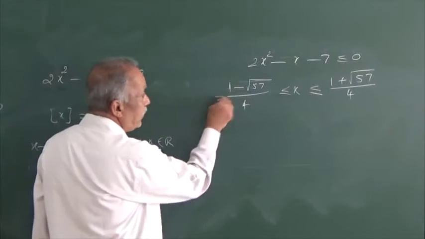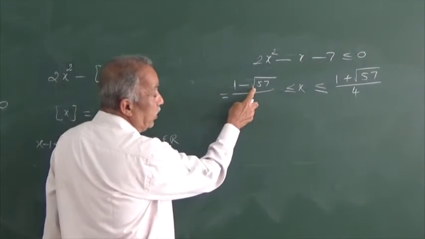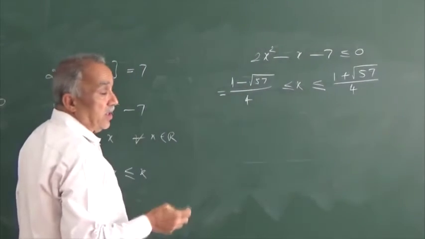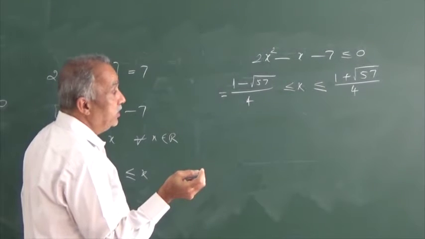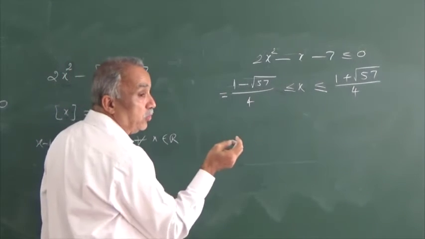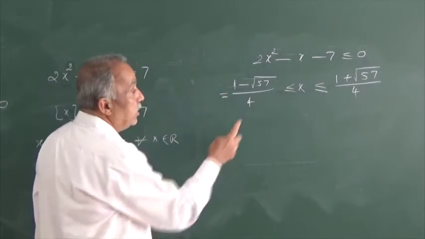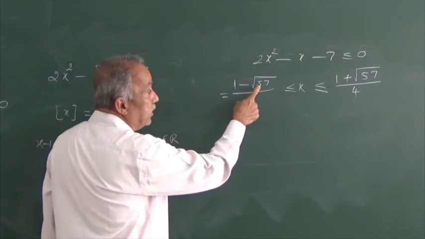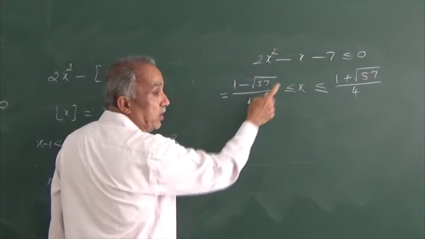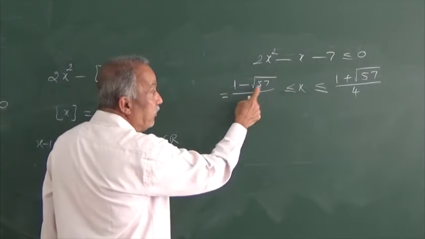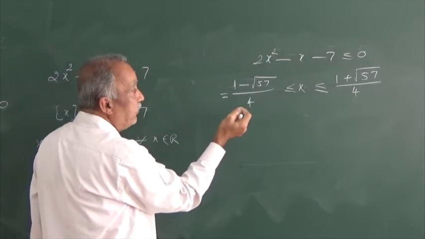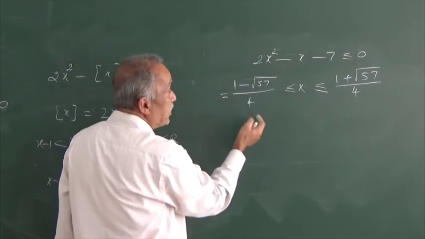Roughly, this is 1 minus root 57. Root 57 is between 7 and 8, since 57 is between 49 and 64, and closer to 64 than to 49. I may guess a value to be roughly 7.5 something.